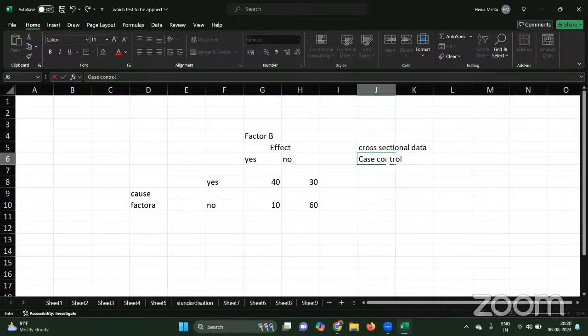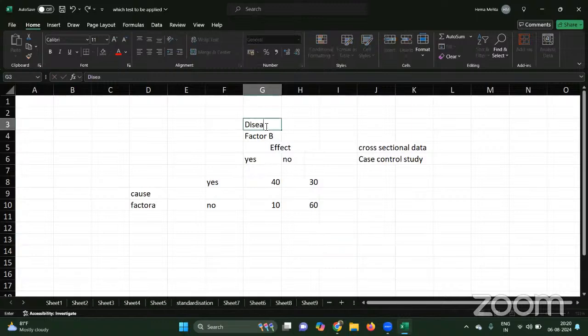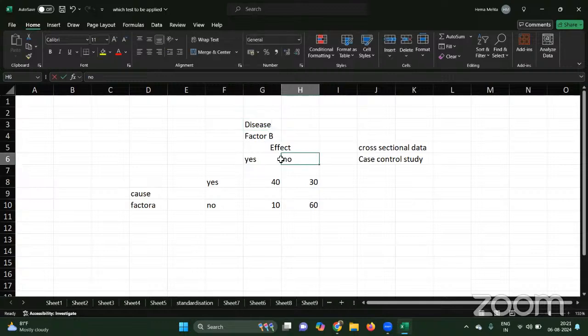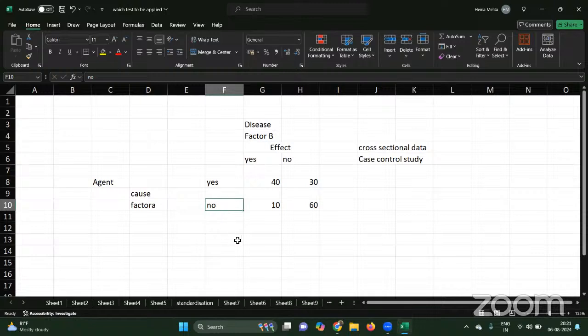case control study. So in this case, the disease will be over here, yes or no, versus agent causing the disease, maybe yes or no over here.